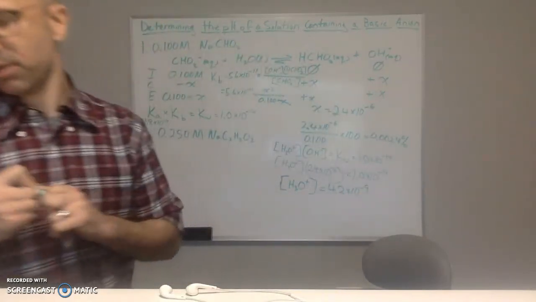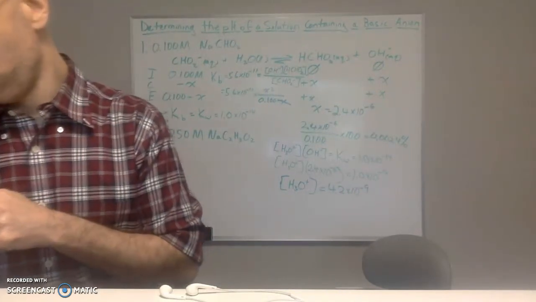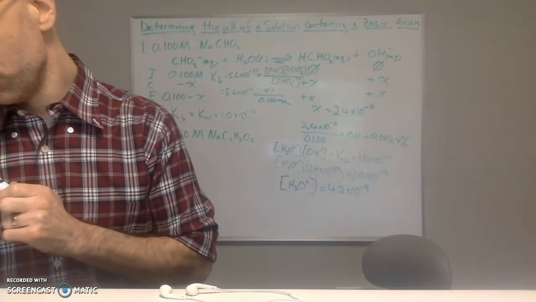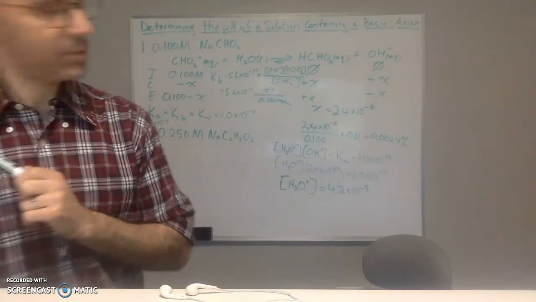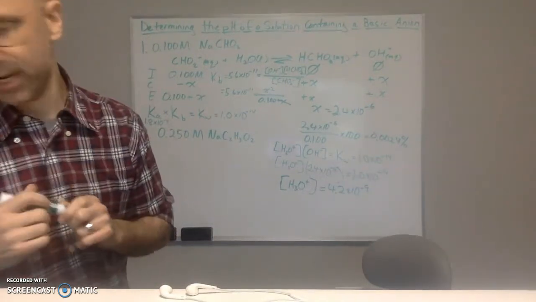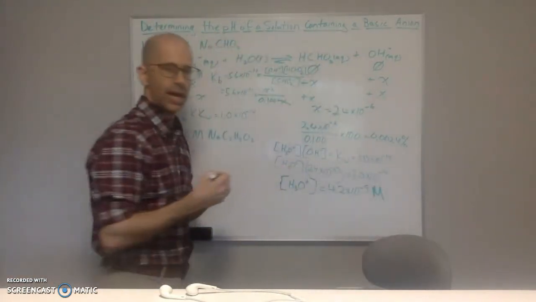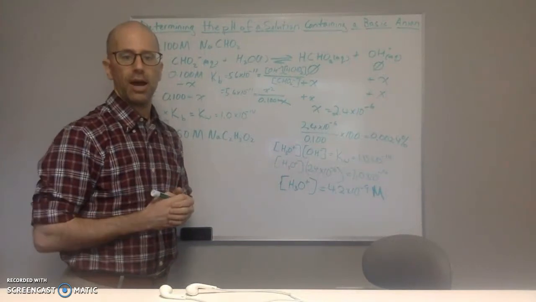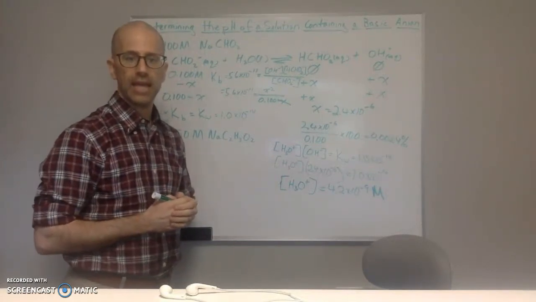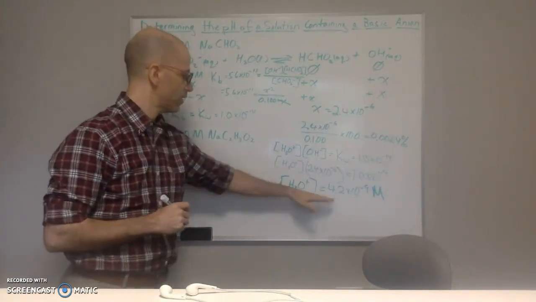Is that right? Is that what I said? 4.2 times 10 to the negative 9. Yes, molar. So then all you need to do now is take the negative log of this value.